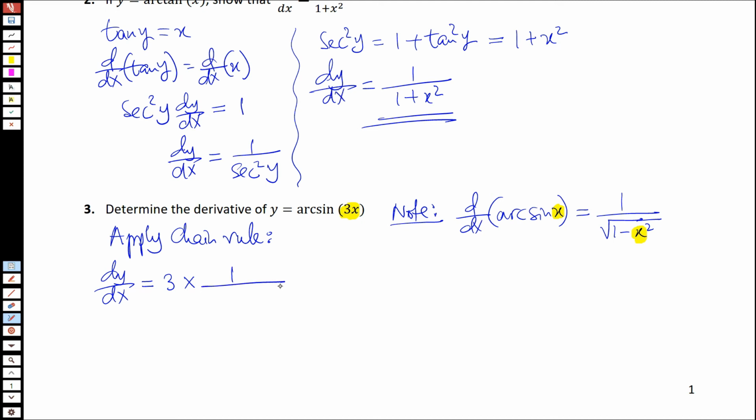Then the derivative of the outside: because the derivative of arcsine x is 1 over the square root of 1 minus x squared, we just replace x with 3x. So we end up with the square root of 1 minus 3x squared, and this will be equal to 3 over the square root of 1 minus 9x squared.